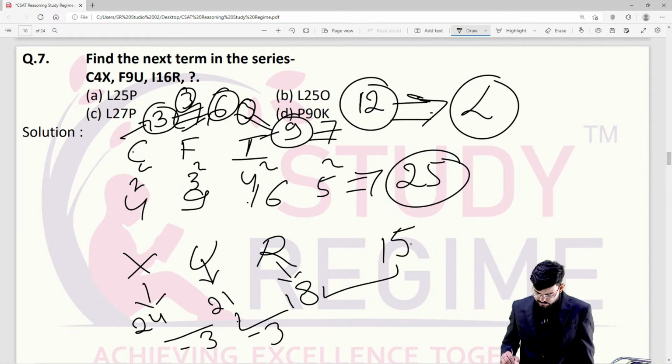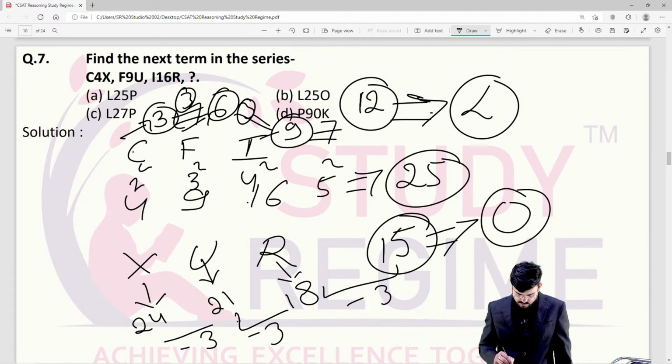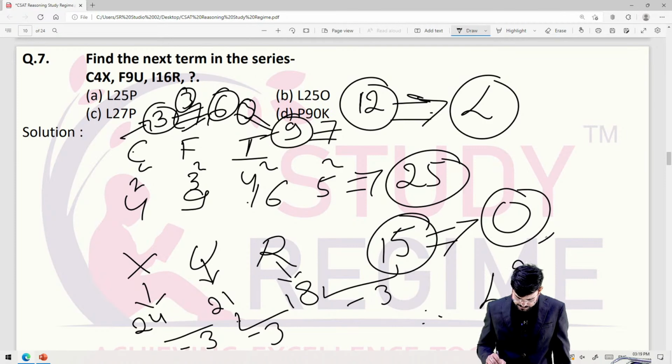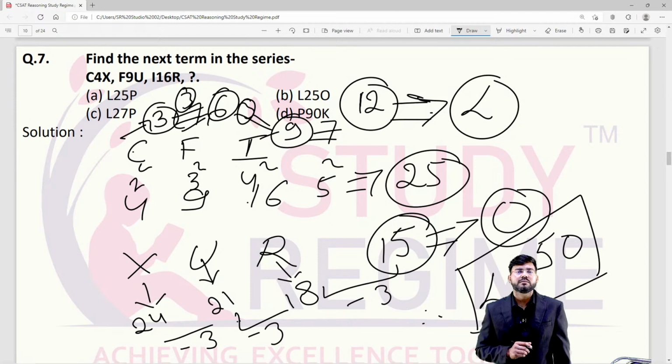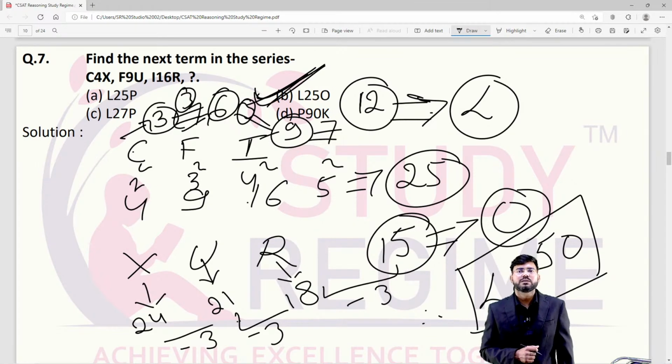If it is decreased by 3, the value will be 15. And 15 is coded as what? So I'll combine, to get the answer L 25. This is the answer for this question. And where is the option? B is the option. Your option for this question is B.